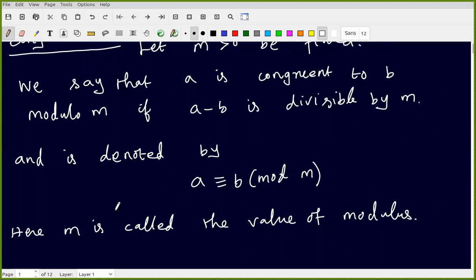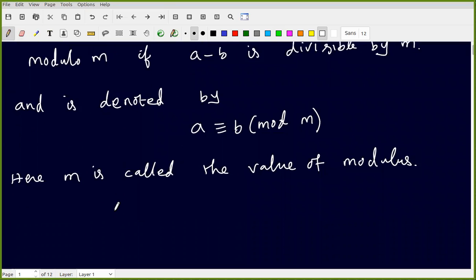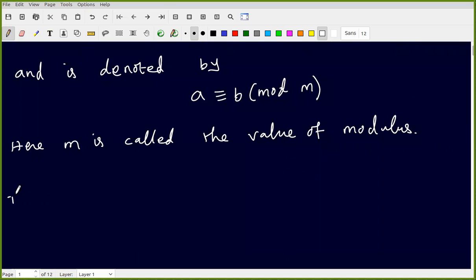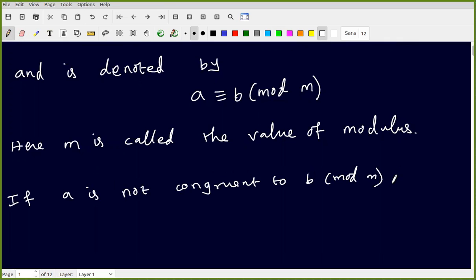If a is not congruent to b modulo m, then it is written as a, the equivalence symbol with a strike-out, b modulo m.